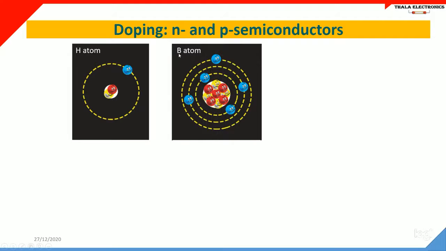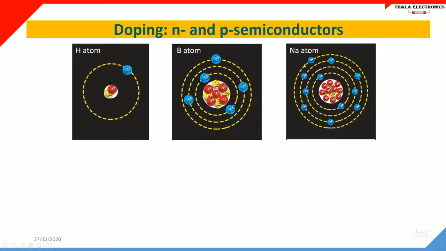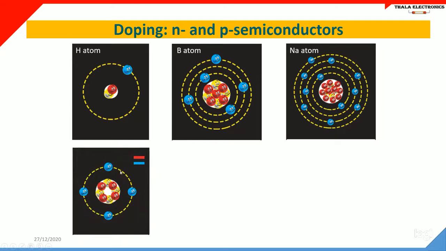If we take boron atoms, we can find 5 electrons and 5 protons. Sodium atoms contain 11 electrons and 11 protons. If the number of electrons is equal to the number of protons, that means the atom is neutral.